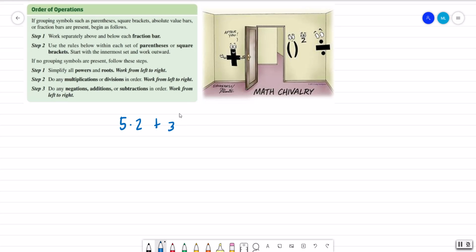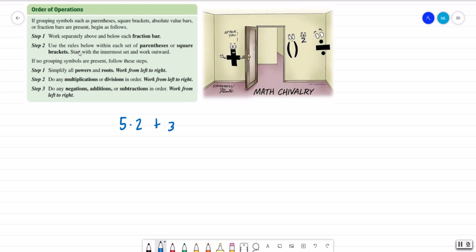Now, there's a set of steps that you have to use in order to find what an expression simplifies to. One says that you have to work separately above and below each fraction bar.